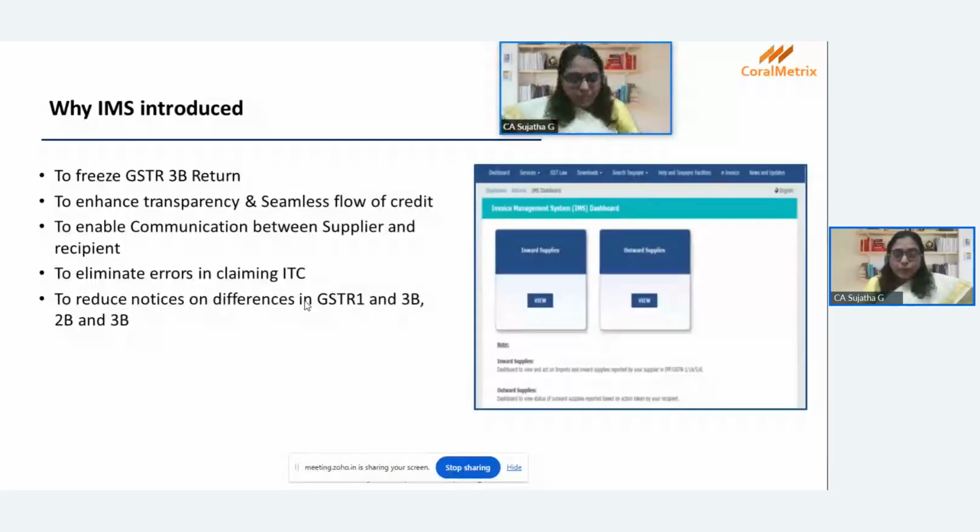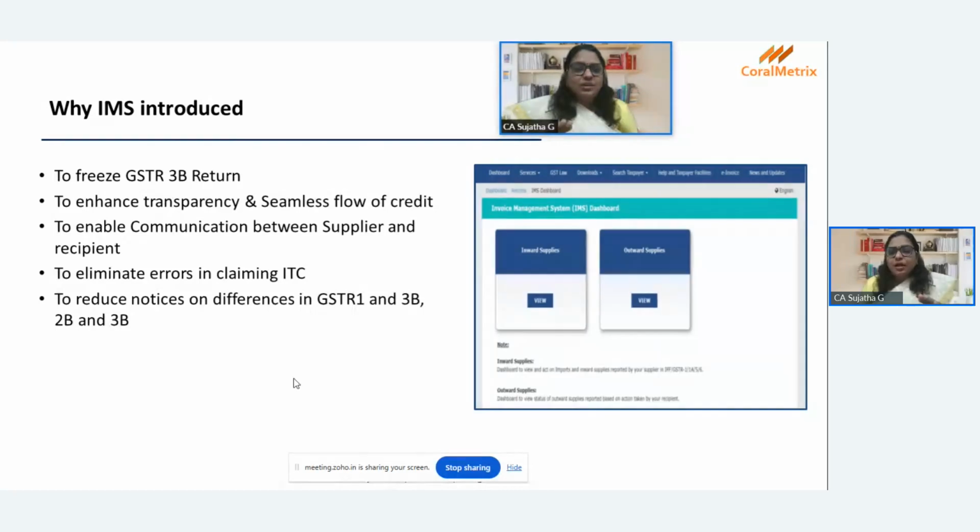The recipient has got options to either accept or reject or keep it pending. And it has got its own rules. When you are accepting, if you do not do anything, it is considered as deemed accepted.